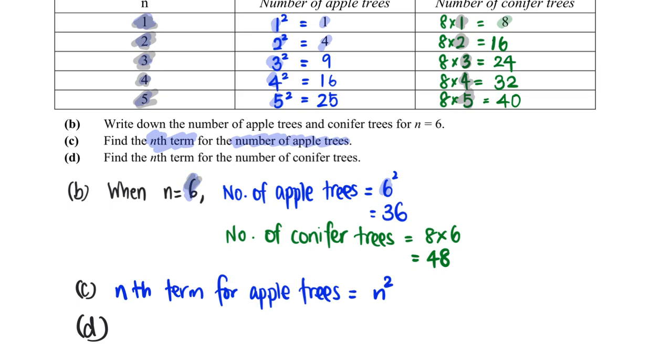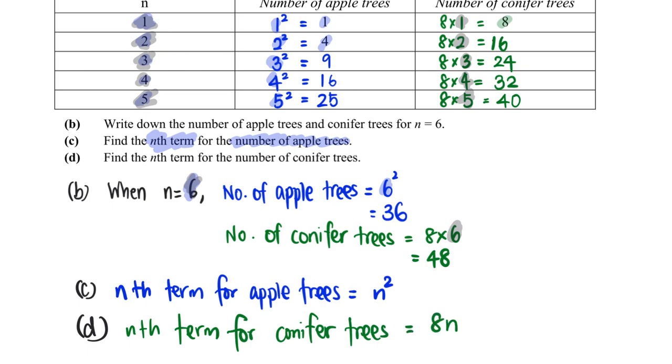So 6, 8 times 6. And therefore the nth term for conifer trees is 8 times n. Brilliant! And with that, that will be the nth term for the number of conifer trees.